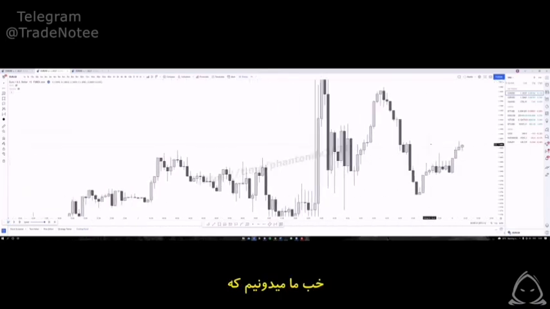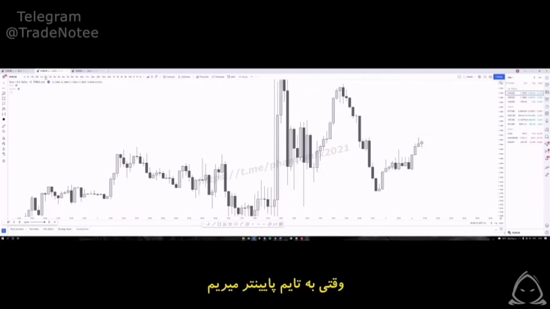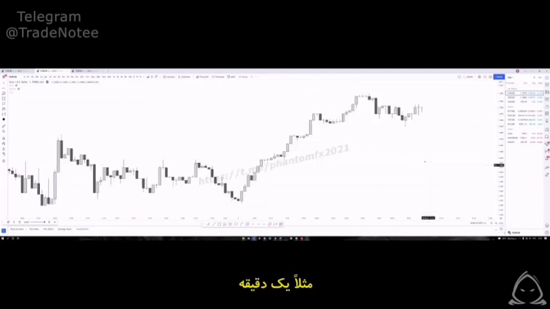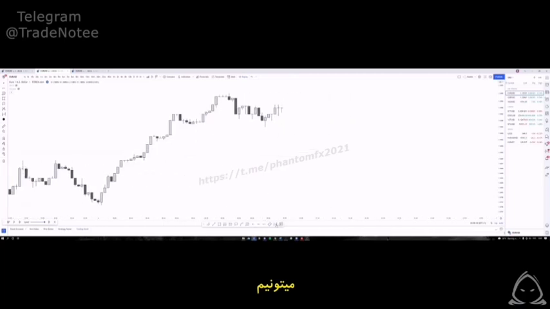When we go down onto a lower time frame, say the 1M, we can take the time that this candle was formed, so it starts here and it ends here. We want to have a look at anything within the low of this range to essentially the high of this range.